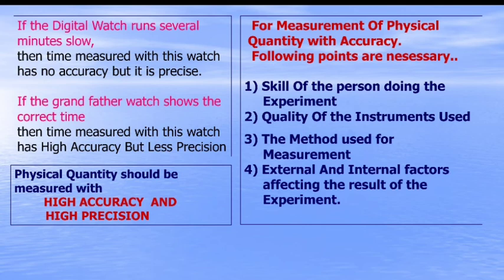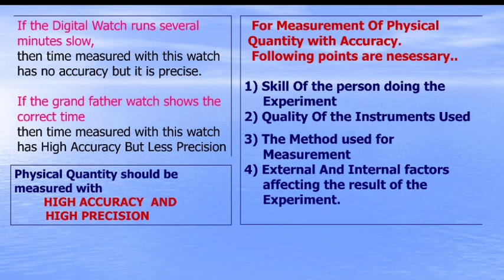In the same way, for the micrometer screw, we get a least count of 0.001 centimeter. So between these two instruments, we can say that the micrometer screw is more precise than the vernier calipers.